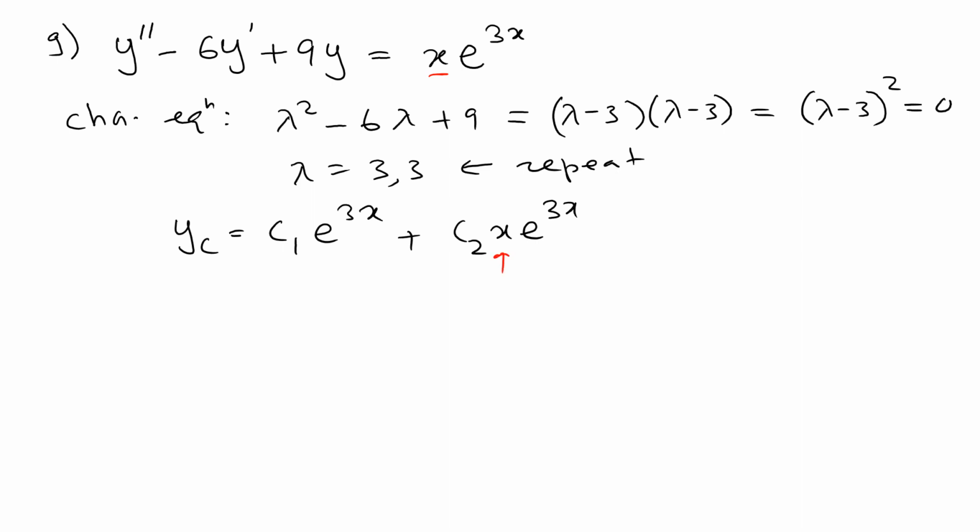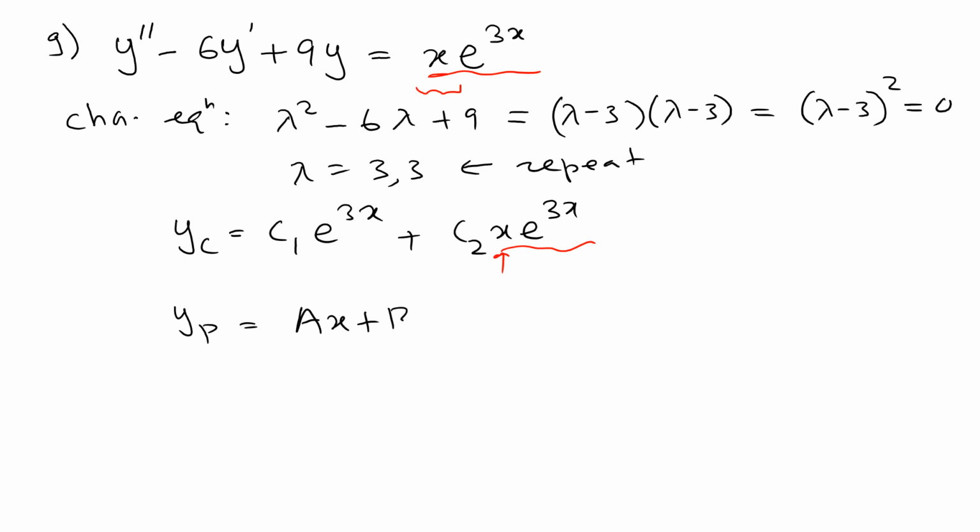Now you see that term appears exactly, that's the exact same term here. So that means you cannot use x e to the 3x as part of the solution, because it's going to be 0. So what we do, we're going to multiply by an extra x here. So when you write the solution, your yp is now, you can see the polynomial part, that means the x term is just going to give you ax plus b.